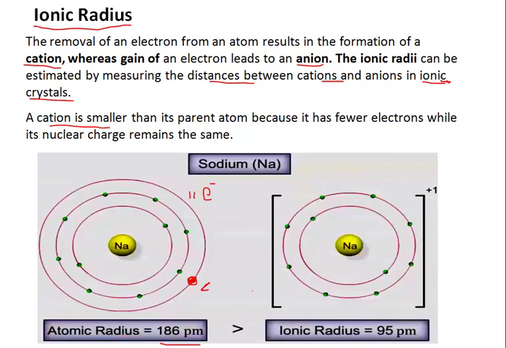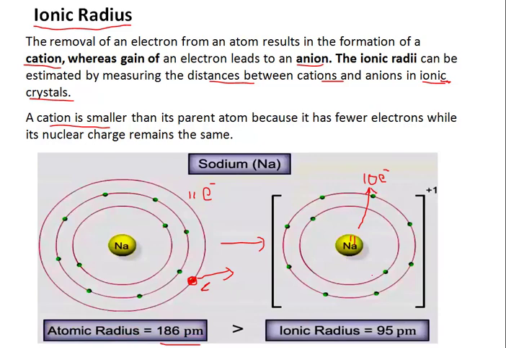Now what's the change? When this valence shell electron is lost, it is taken out by providing heat or by any source. That electron is lost now. How many electrons will be there in the sodium ion? There will be 10 electrons. And what about protons? They will be 11 in number. So 11 protons will attract these 10 electrons with greater force now.